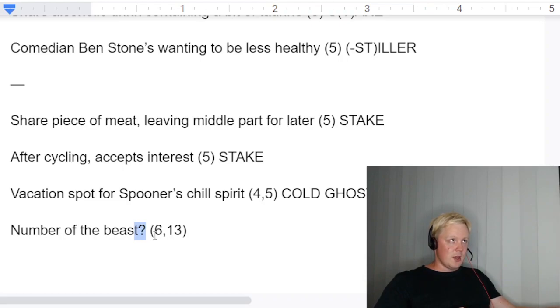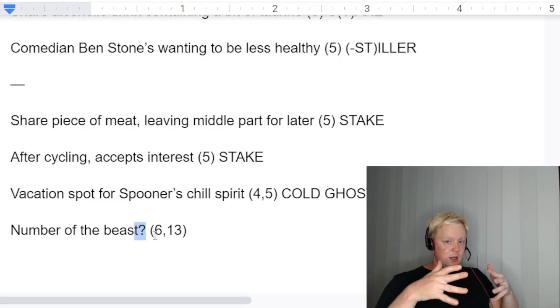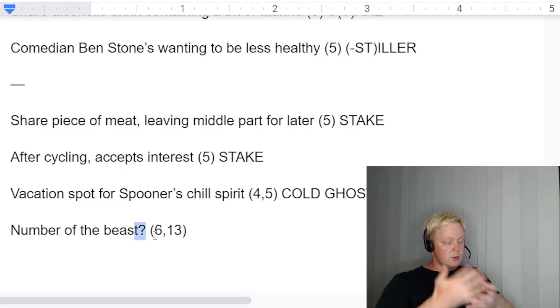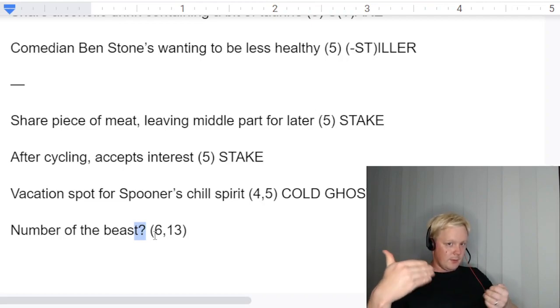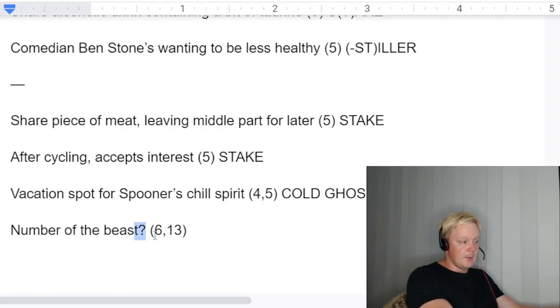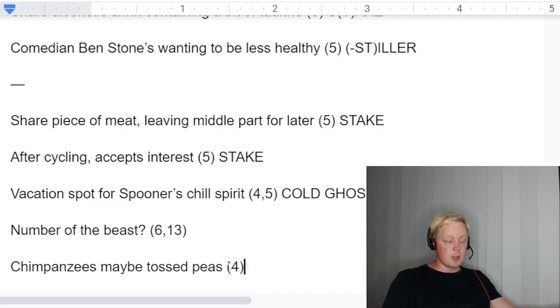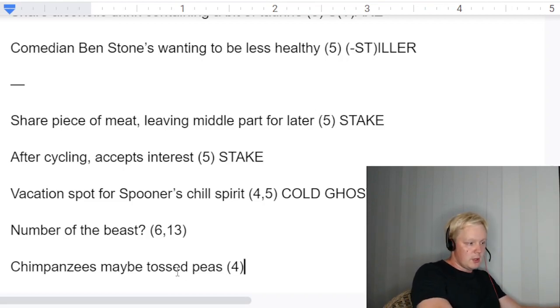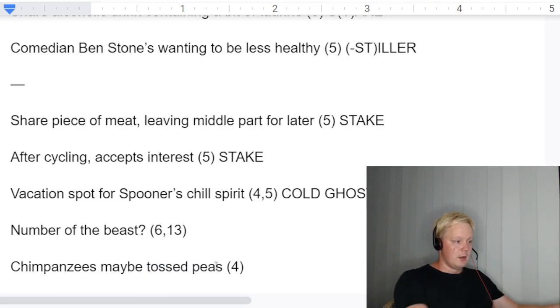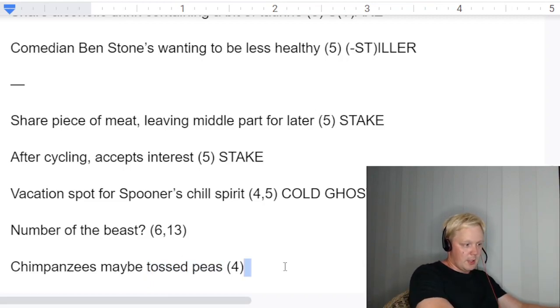Now, normally your definition is like a synonym or a description of the answer, but you do sometimes see examples of the answer being the definition. For example, you might have something like this: chimpanzees may be tossed peas. Now, tossed is an anagram indicator, like a tossed salad. You mix this up, you get apes.